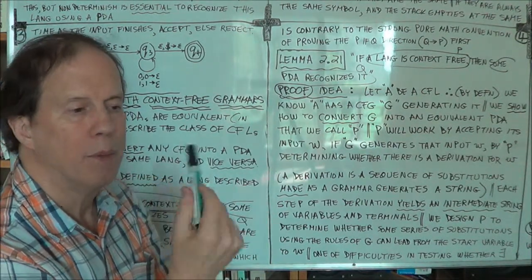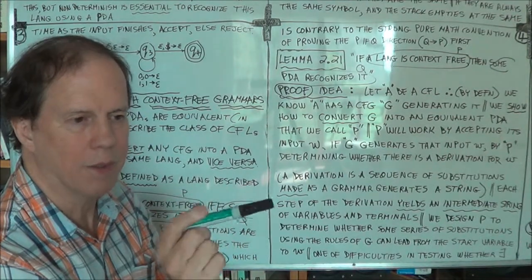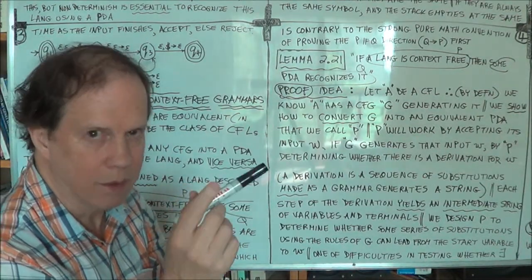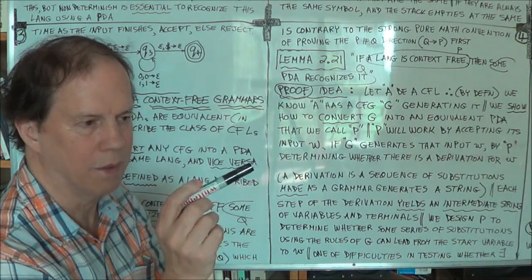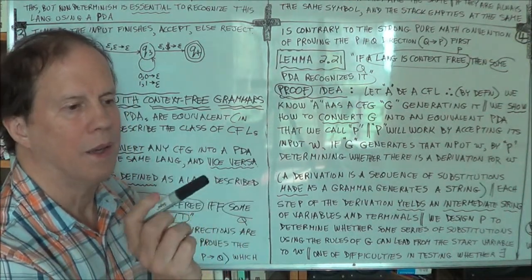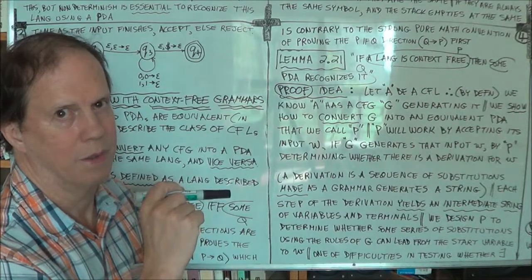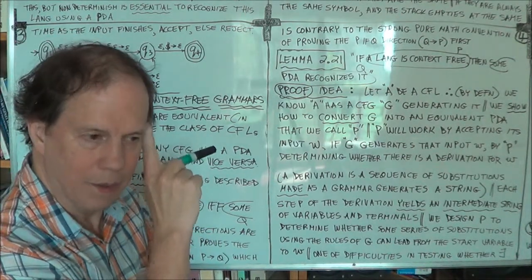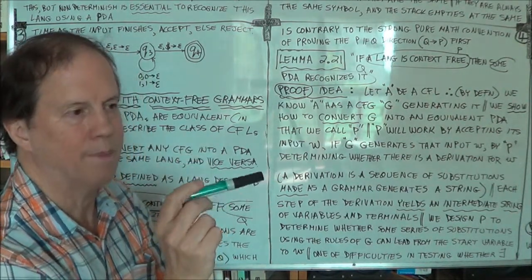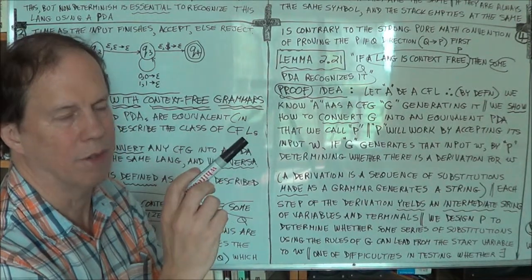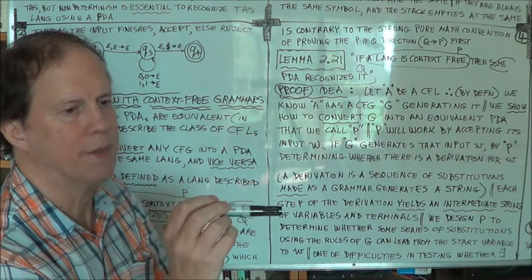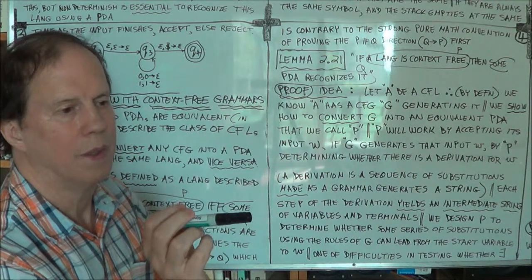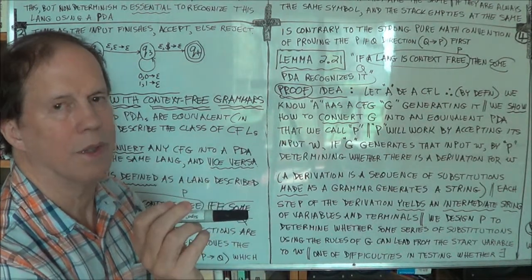The grammar. But if the grammar and the PDA are equivalent, well, then therefore the language and the PDA are equivalent, right? That's just a transitive relation. Like if A and B are equivalent and B and C are equivalent, then A and C are equivalent.